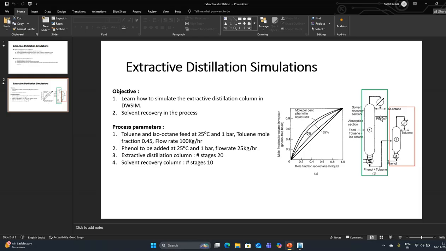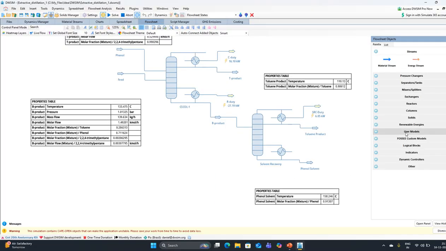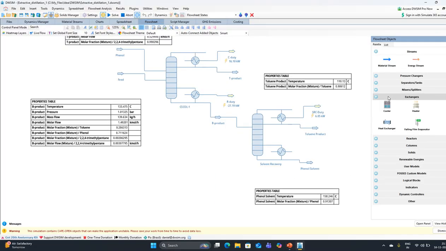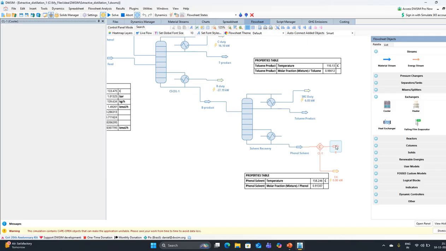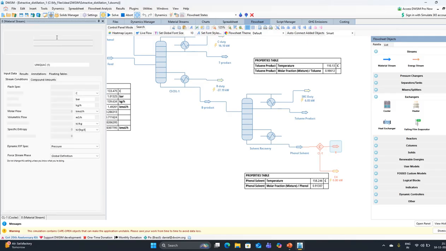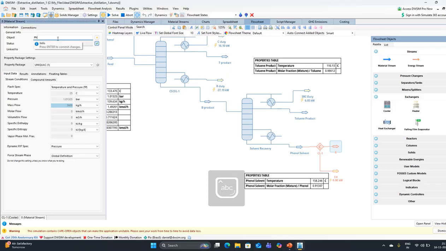So to maintain this, I will choose an exchanger and use a cooler. I will go to the cooler simulation. First I need to rename the outlet stream as phenol recovery.